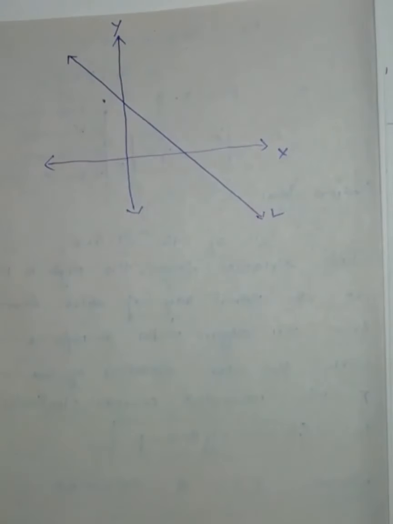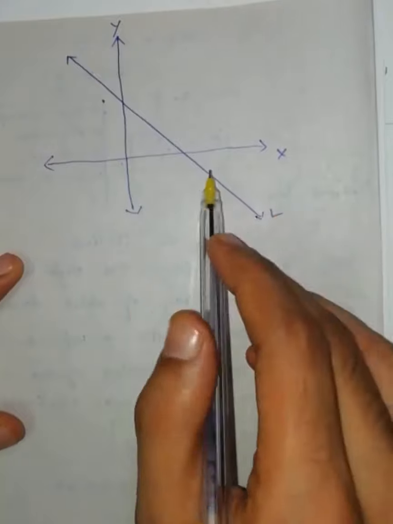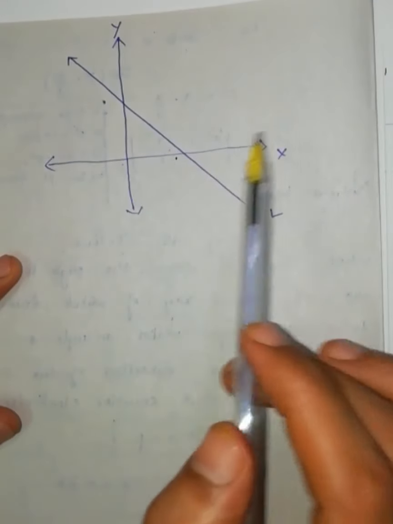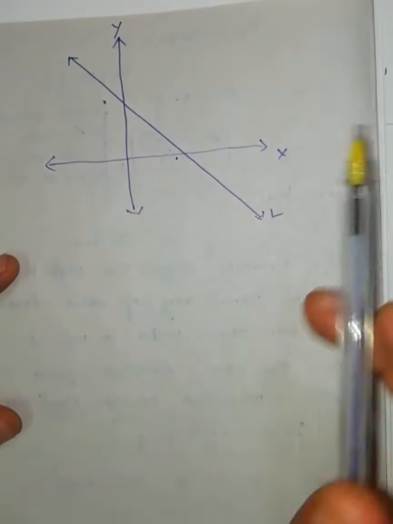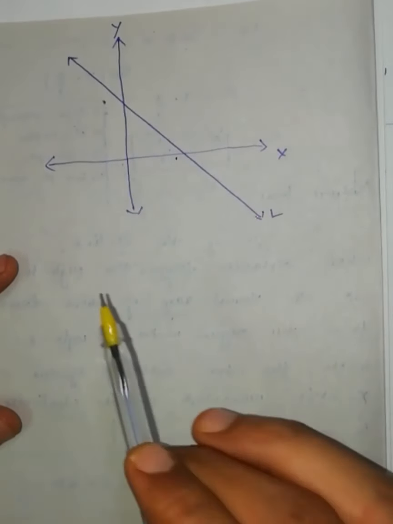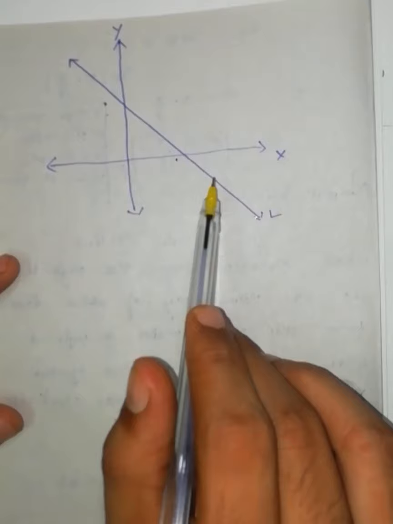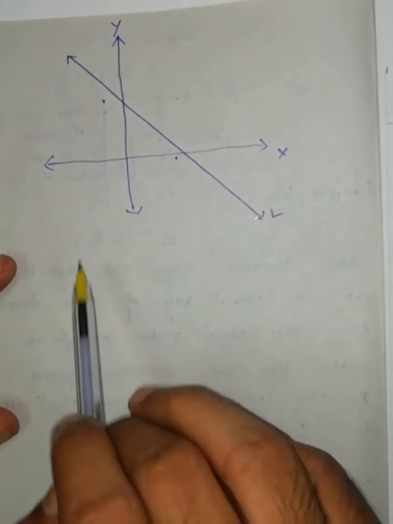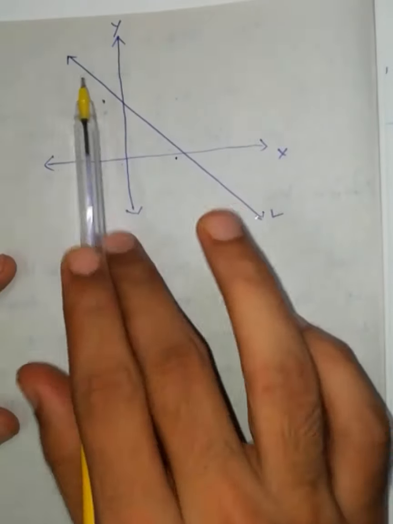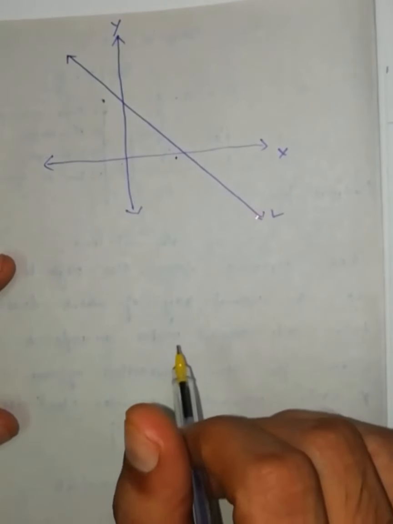Now there are different ways we have learned earlier to find the equation of a straight line. For this line, if we have a slope and intercept, then we can use the slope intercept form. If we have both the intercepts, then we can use the intercept form. If we have any point on this line and a slope, we can use point slope form. If we have two points on this line, then we can use two-point form.